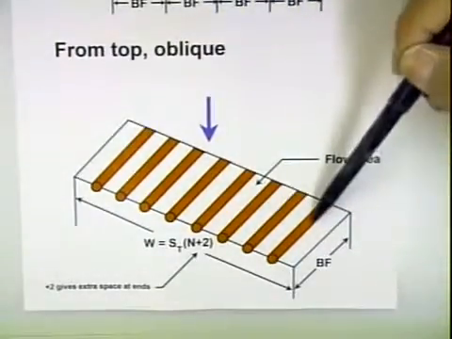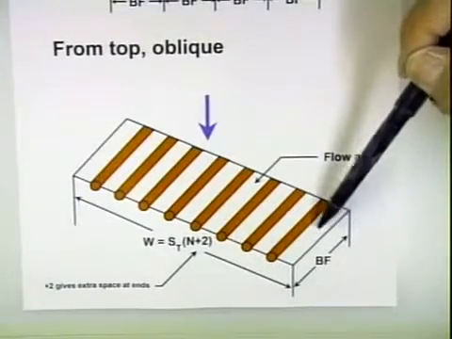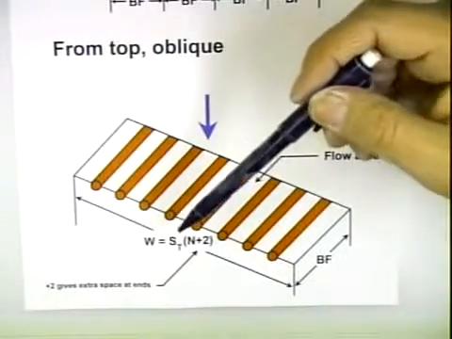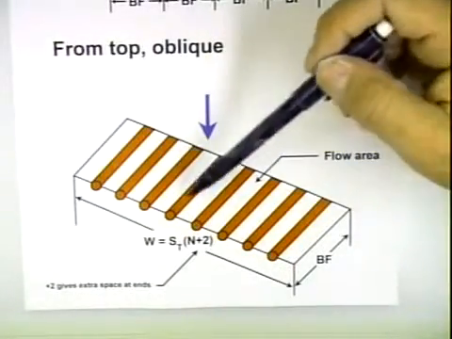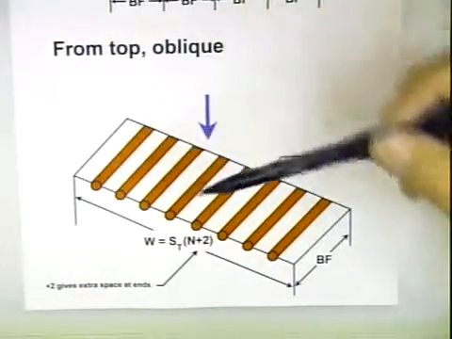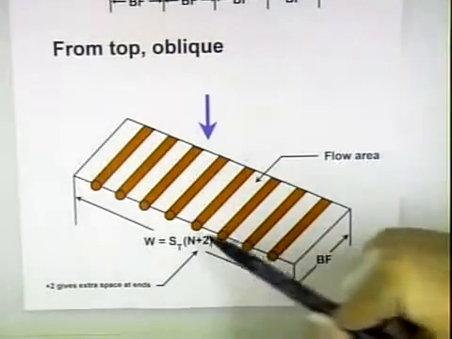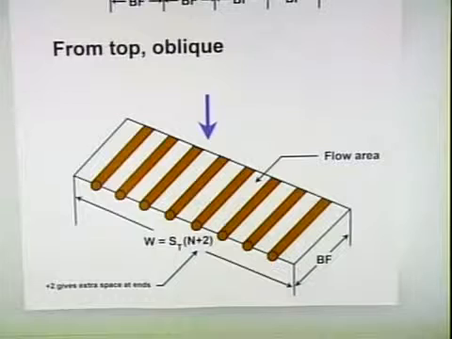So rather than having this tube right up here at the wall, we put some space here. So this +2 right here gives us some extra space at the end. So that's the width of it. So within each chamber, the cross-sectional area is BF times the W. Okay, so let's go to the board now because we need to calculate Vmax.